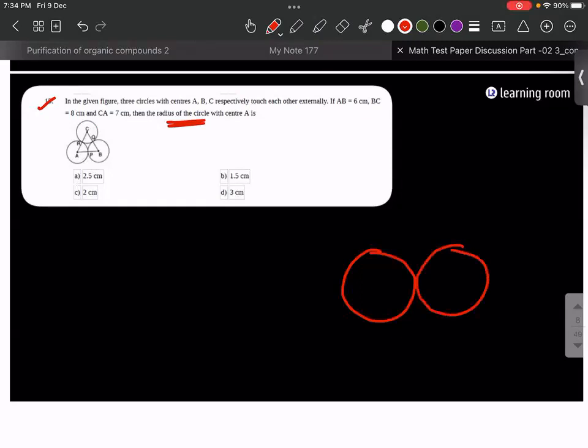So this is CA. If I need to find this radius, if this is R, this is also R. Am I right? So how much will this be?